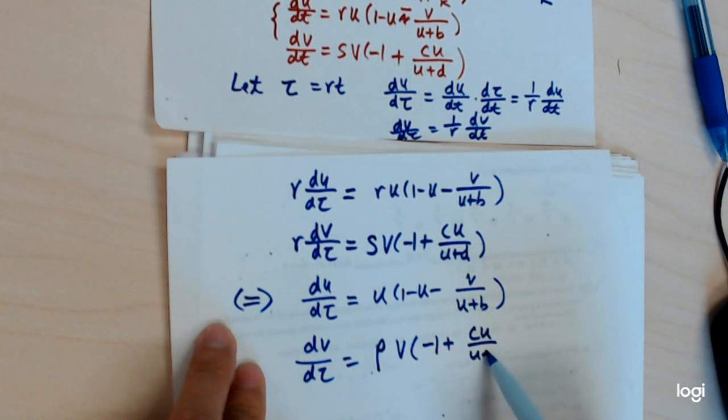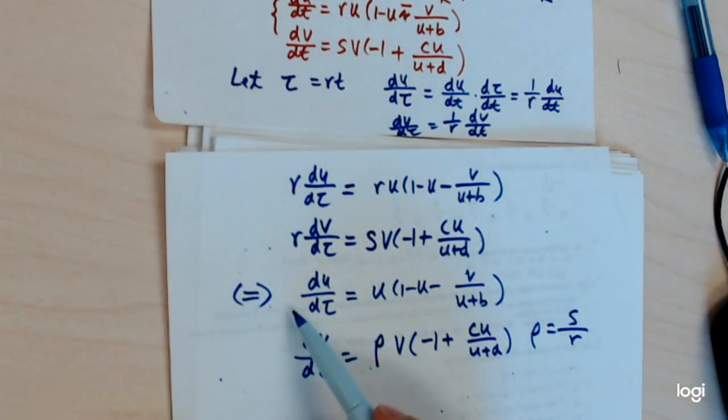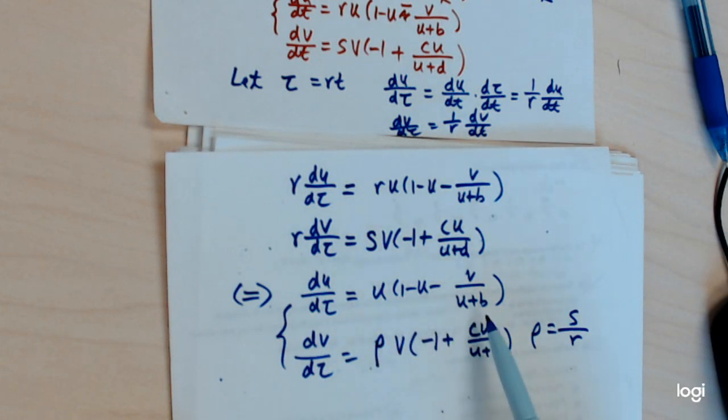So this is a simpler looking system, and this is the problem we're going to study. And this problem has one, two, three, four parameters, compared to the seven that we have in the original one.